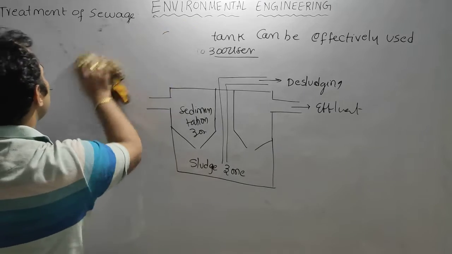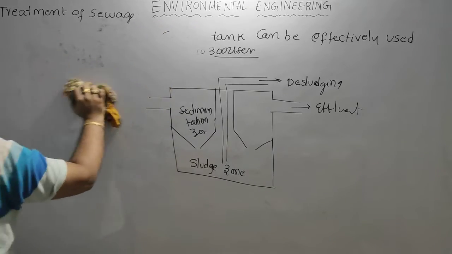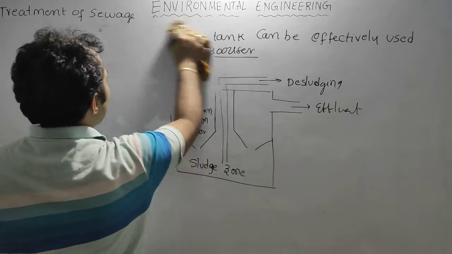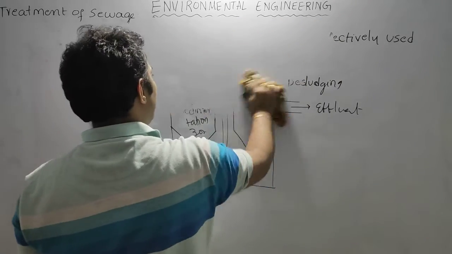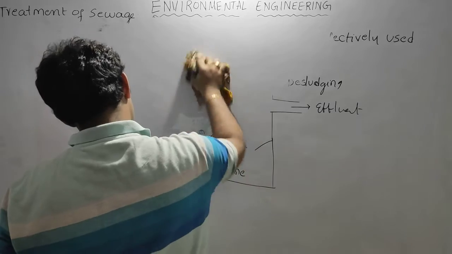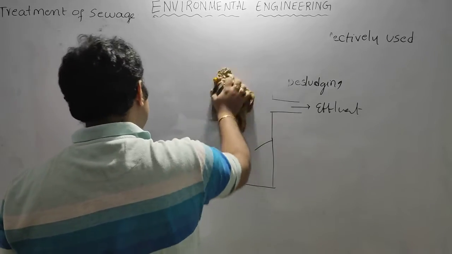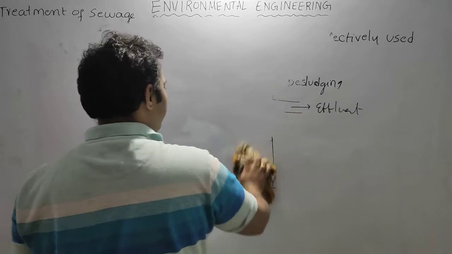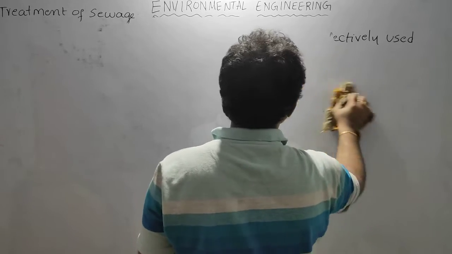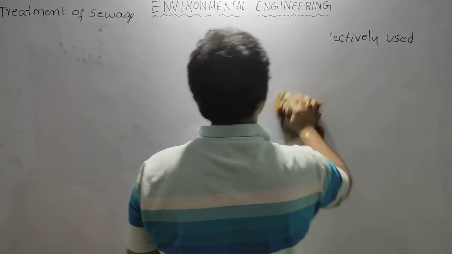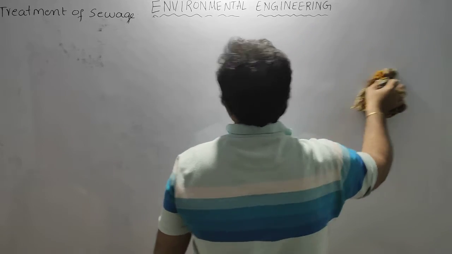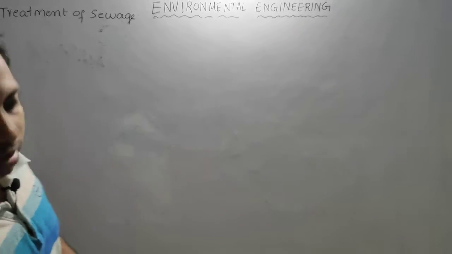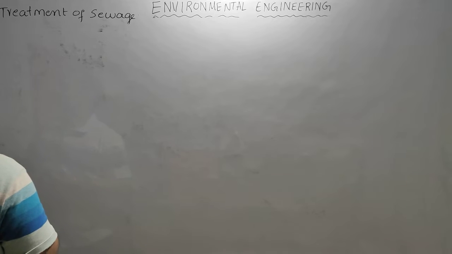Whatever byproducts are generated out of the secondary treatment using an oxidation pond are very stable. They don't need further treatment, so they can be used as manure also, which are plant nutrients. Okay, so let us see the oxidation pond.